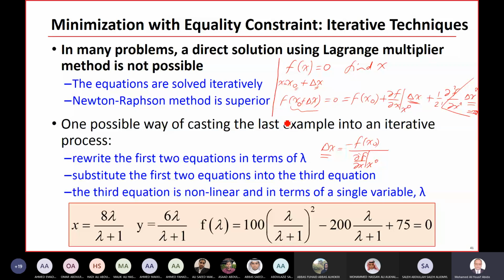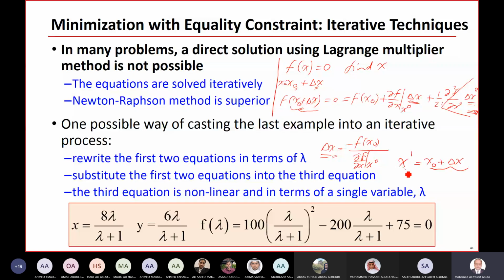Okay, so we start with the initial solution x0 and we found the delta x here. So let us add delta x to x0 to have a better solution, closer to the final solution. So the first iteration, x1, equals x0 plus delta x.